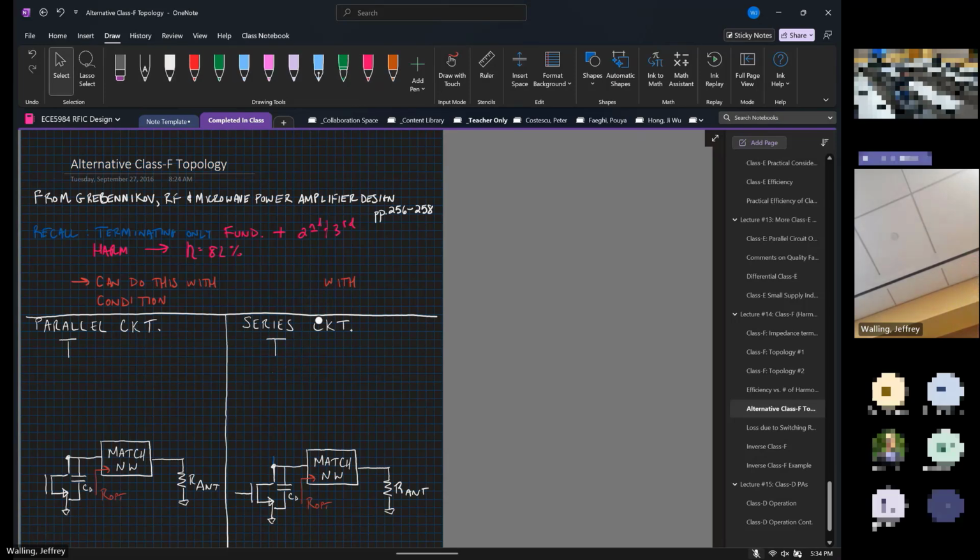So we can do this with just a 3-element network.